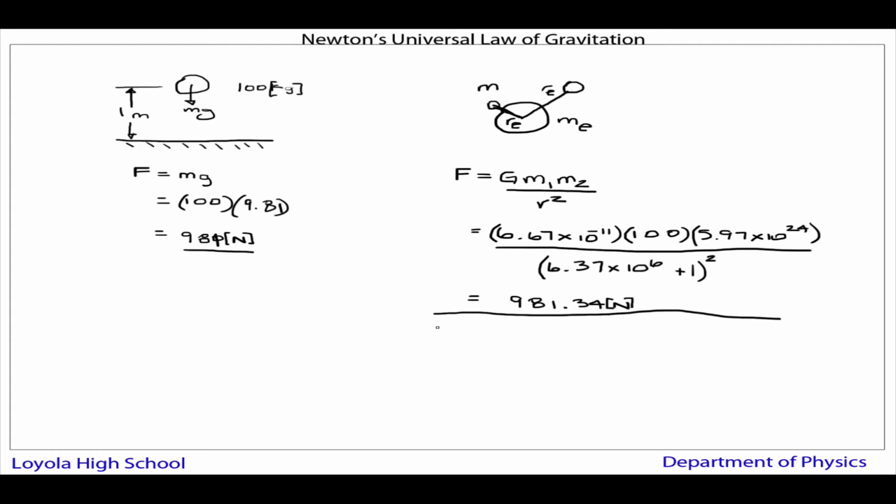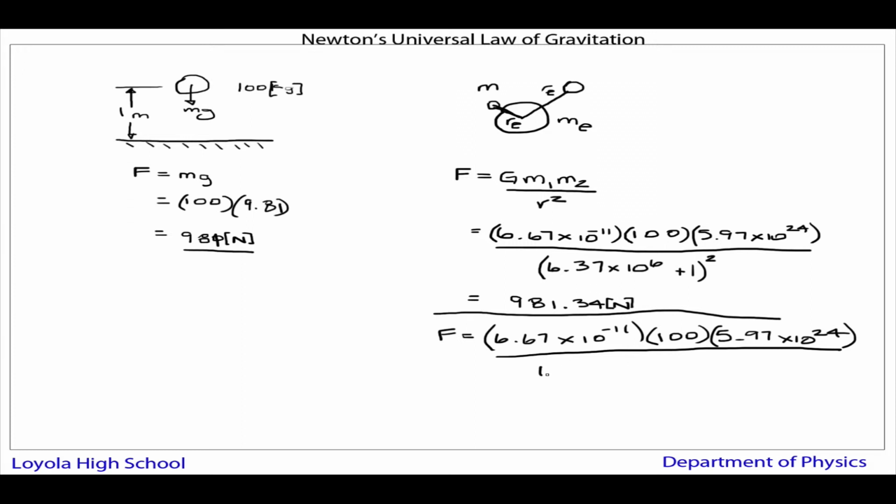Let's see, in that case, F is equal to 6.67 times 10 to the minus 11th, times that, still 100 kilograms because mass is constant throughout the universe, that doesn't change. And the mass of the Earth is still 5.97 times 10 to the 24th. And now the distance is a little bit different here.